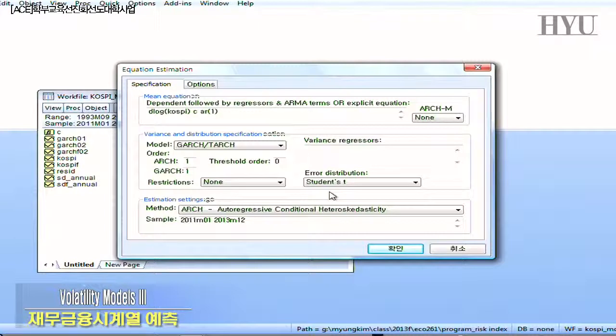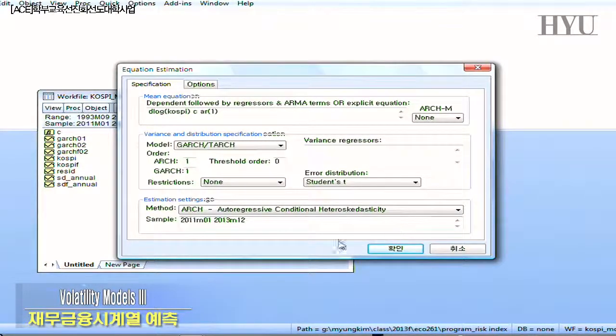But when you introduce a fat tail distribution like the t distribution, relative to normal, you are trying to explain the fat tail of your empirical distribution. Usually by choosing the Student t distribution, goodness of fit increases dramatically. So that's usually a preferred specification.